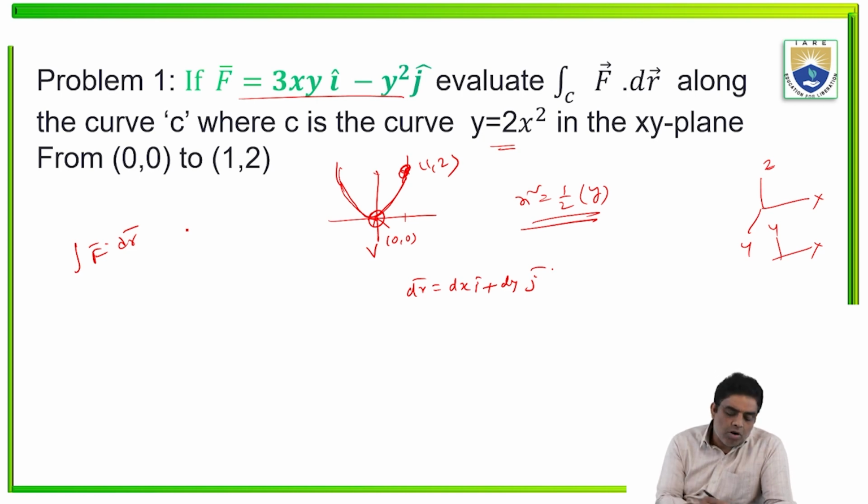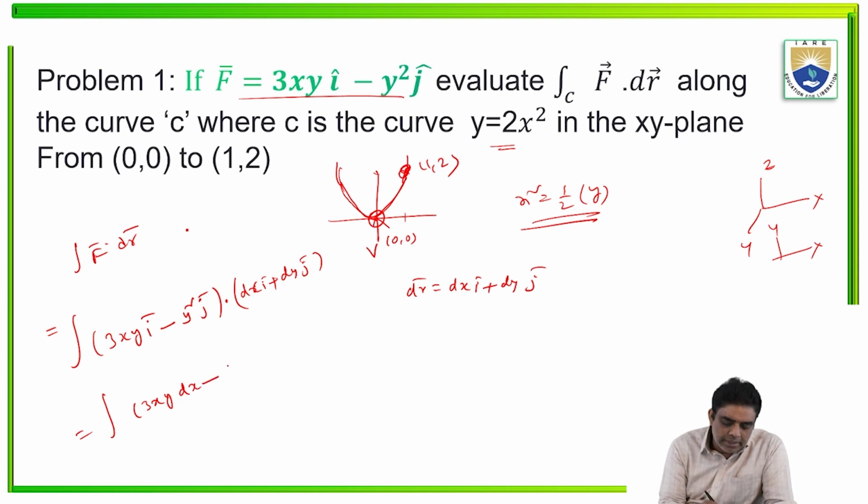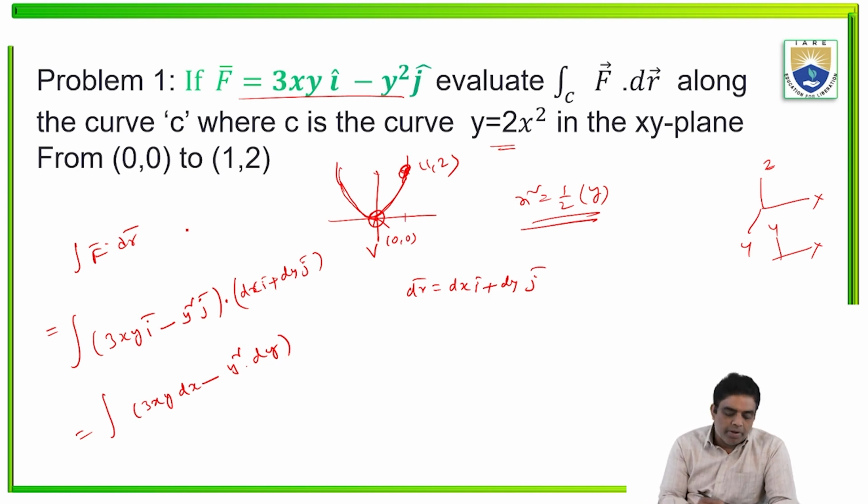On making the dot product, f bar dot dr bar, you will get 3xy dx minus y square dy.